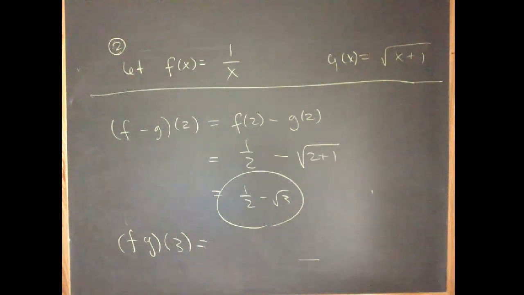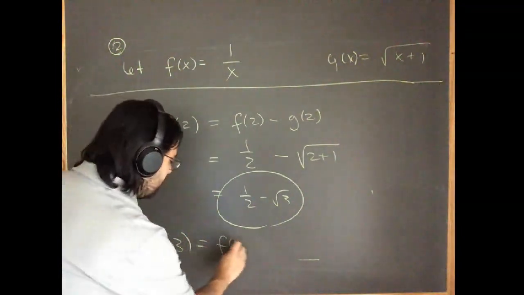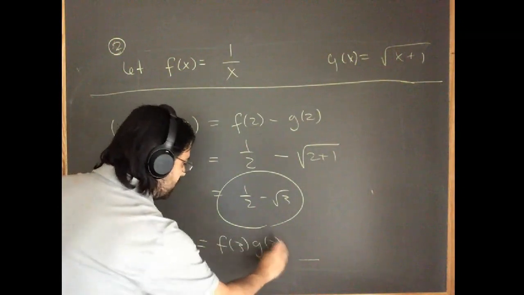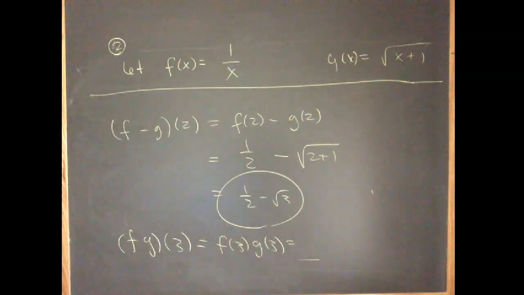So f times g at 3 should be f of 3 times g of 3. What do we get? This one's just a nice old fraction for us.